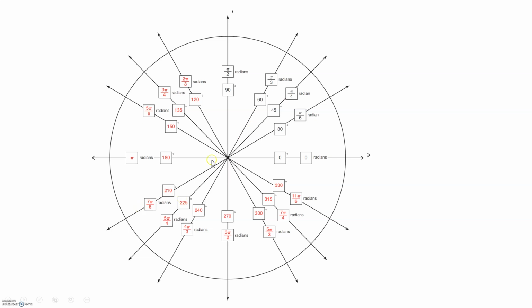So 30 degrees means pi over 6 radians, 45 degrees means pi over 4, and 60 means pi over 3. When you're studying trigonometry or pre-cal, this is one of those things you have to know. These are non-negotiables.